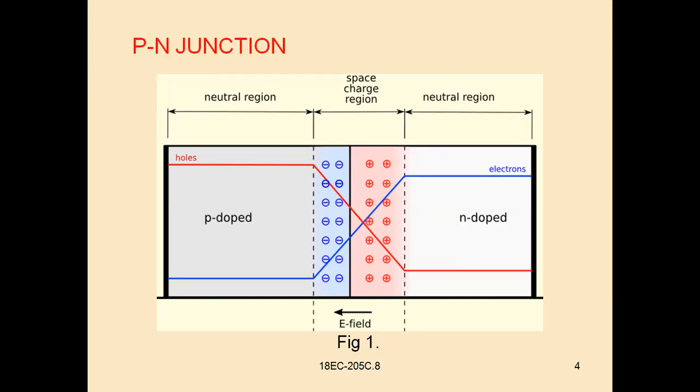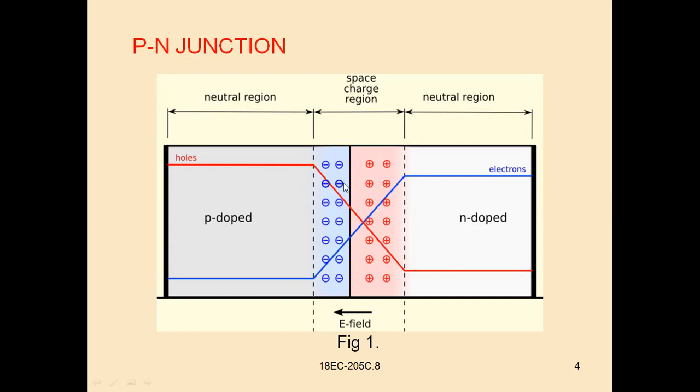Under forward bias condition, the majority charge carriers from both sides are going to be attracted towards the junction, and they are going to form electron-hole recombination. Due to this, the depletion layer is going to decrease. Due to this, the barrier potential also decreases as the width of the depletion layer decreases.